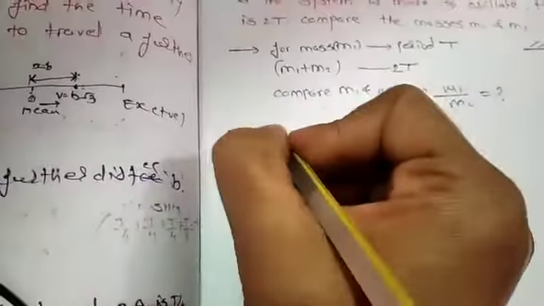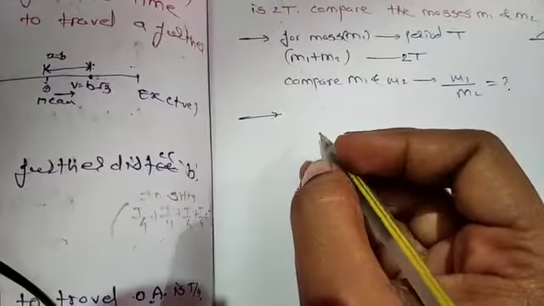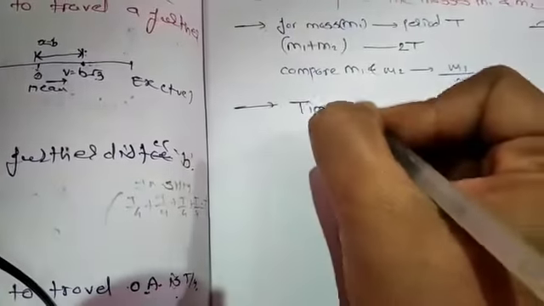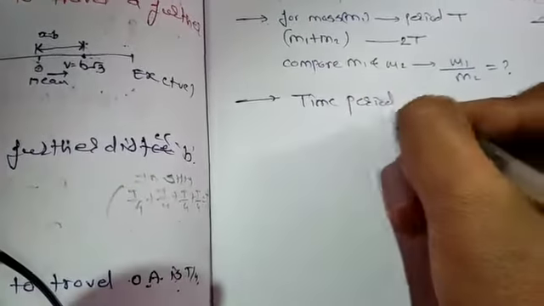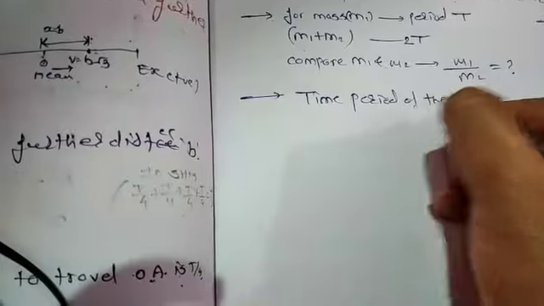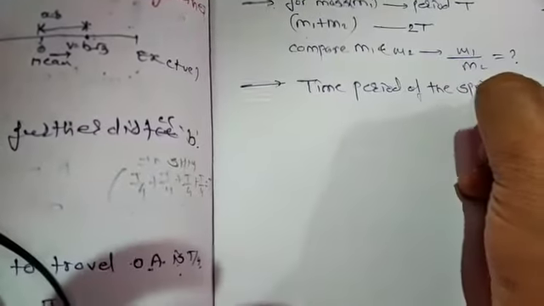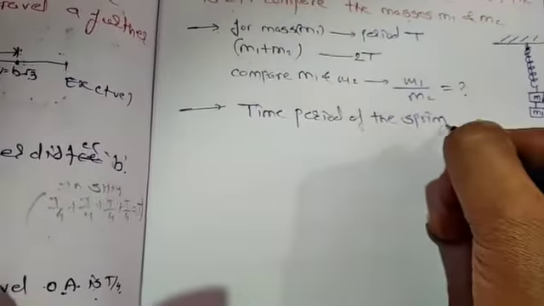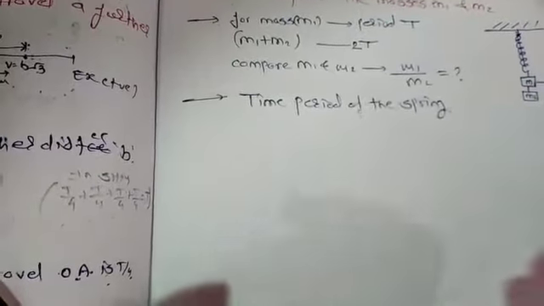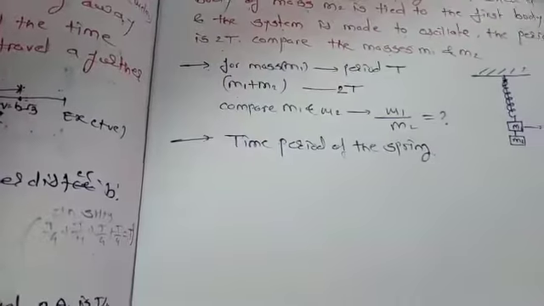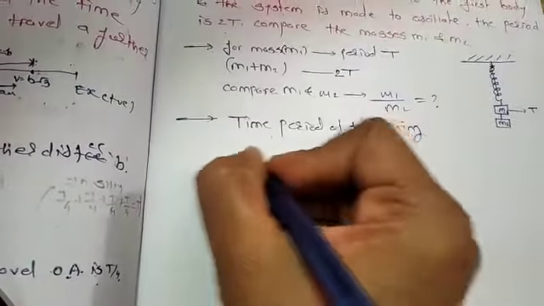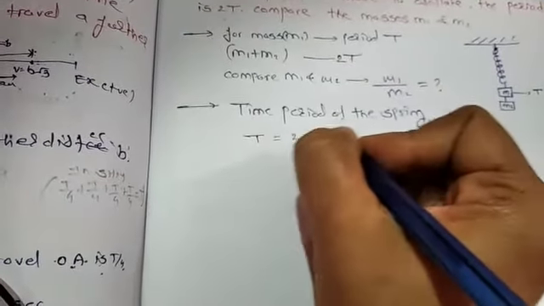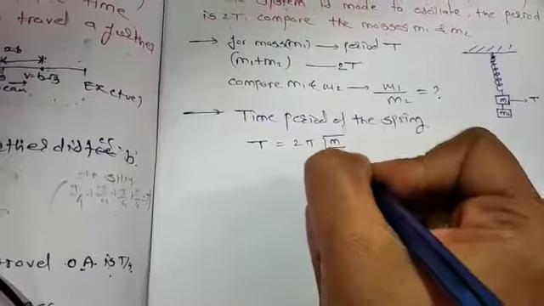Now we'll solve this. The time period of the spring. What is the formula for the time period of the spring? The formula is T equals 2 pi under root of m by k.